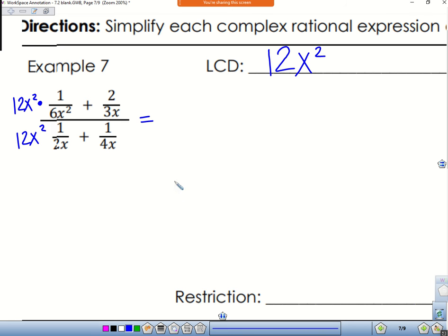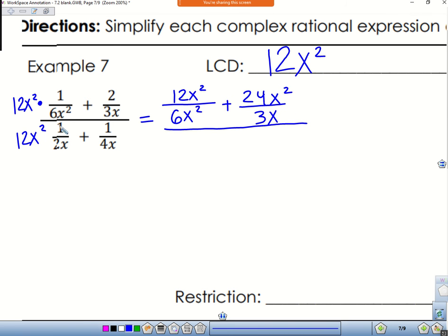So that's going to become 12x squared over 6x squared plus 24, because 2 times 12x squared is 24x squared, over 3x squared, 3x, all over, and then these both have a numerator of 1, so it's just going to be 12x squared over 2x plus 12x squared over 4x. So all I did was multiply all the numerators by 12x squared, the top of the fraction and the bottom of the fraction.